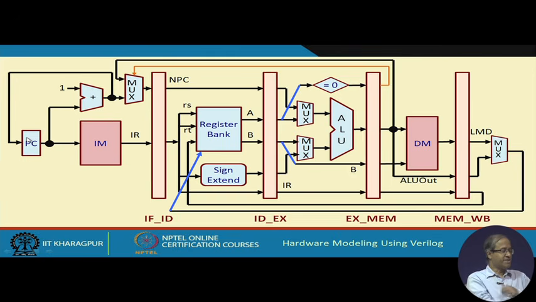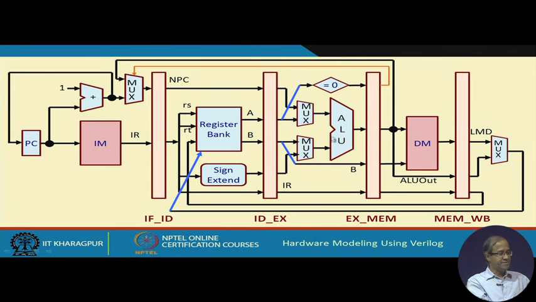Let us proceed with one example, let us say add R1, R2, R3. So, what happens in IF, PC contains the address of the instruction, it is fetched. So, the instruction is loaded in IR. Here the two operands are prefetched, A and B, the two source operands.